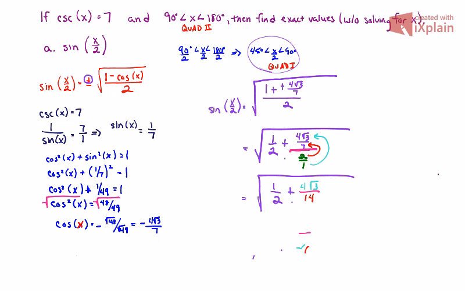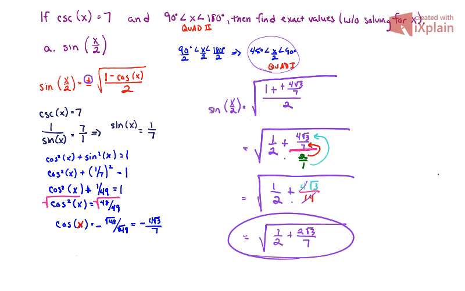We can simplify this down a little bit further as follows. So this is going to be equal to 1/2 plus, and the 4 and the 14 will reduce, so this is 2 root 3 all over 7. So this is the exact solution for the sine of x over 2.